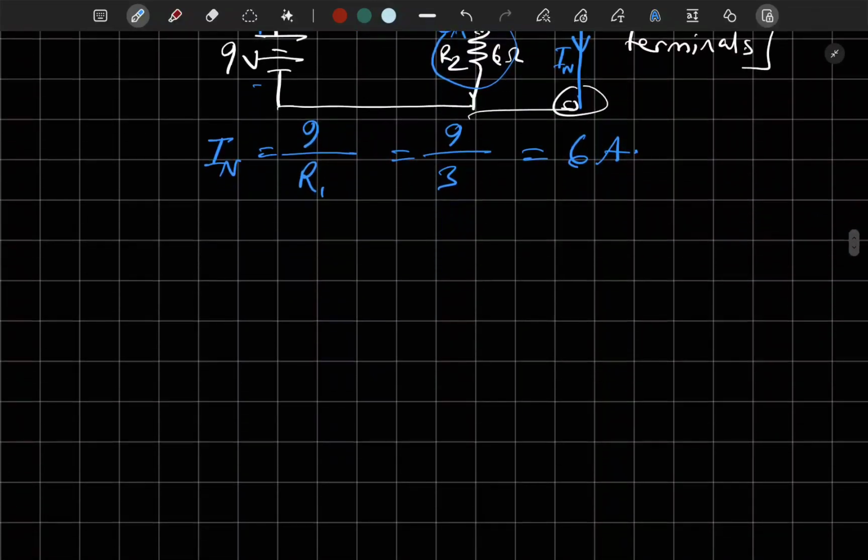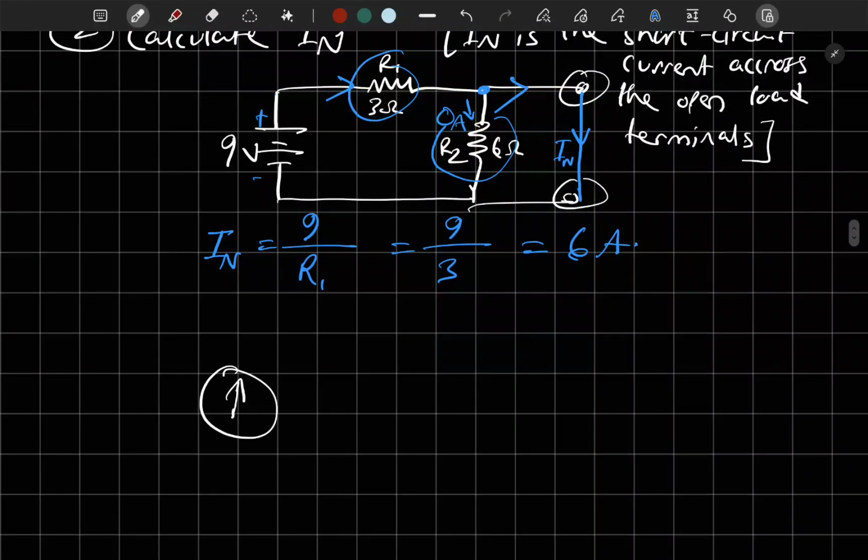So our equivalent Norton's circuit would look like this. By the way, this arrow will depend on the direction of the voltage source here. So the voltage source here had the plus on the top, so the arrow will be pointing to the top, to north. And if plus was down here, then the arrow would be down, going like this.